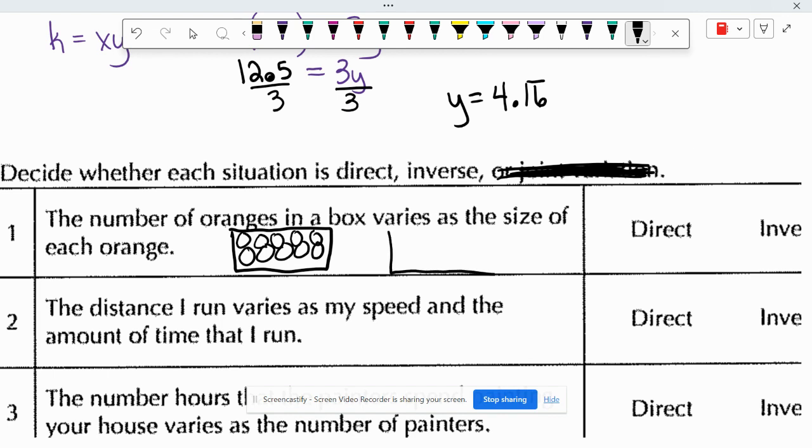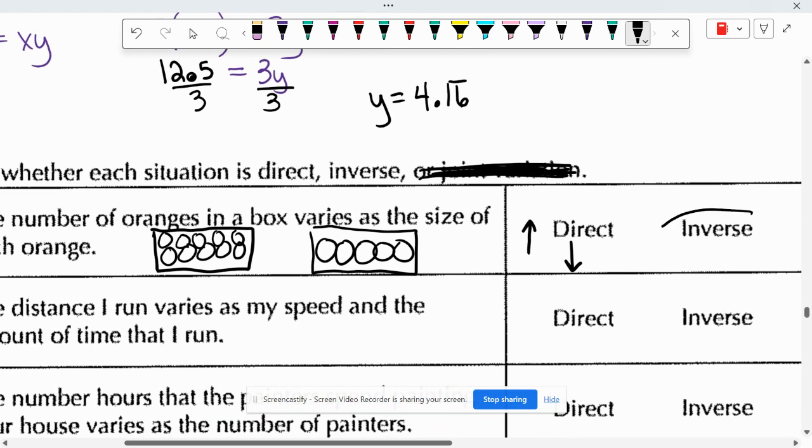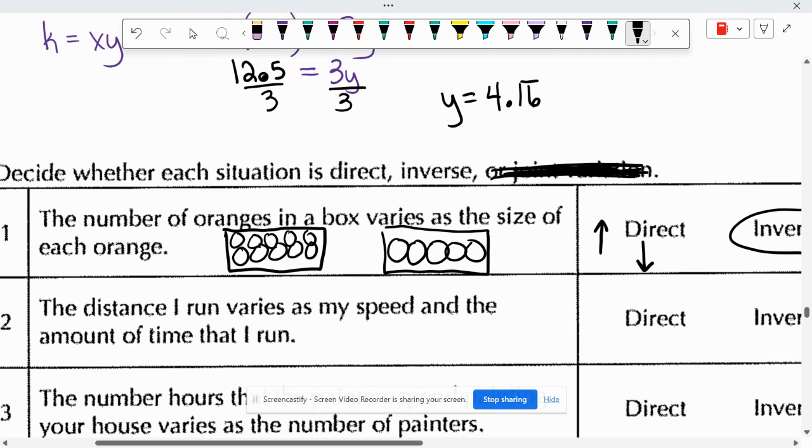But the same size box, if the oranges are twice the size, so what happens as the size of the orange gets bigger, what happens to the number I can fit in the box? It gets smaller. So what is that? Inverse. Very good.